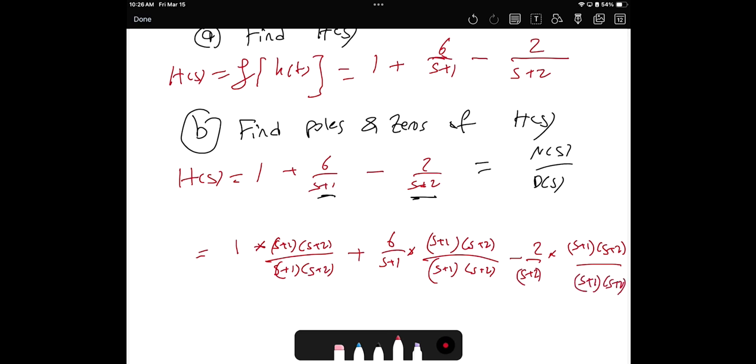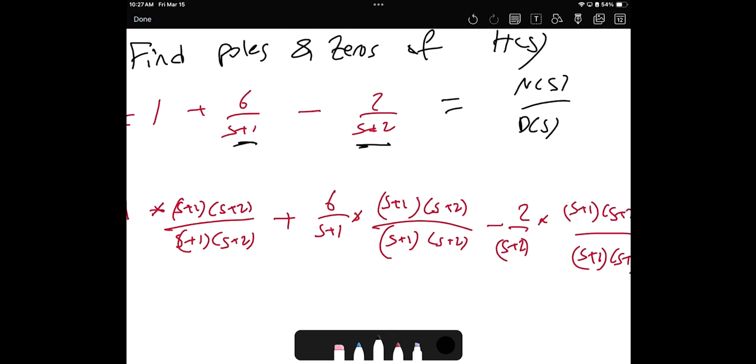Okay? Why did I choose s plus 1, s plus 2? Look at the denominators of the functions: here the denominator is s plus 1, and here it is s plus 2. That's why I use (s plus 1)(s plus 2).